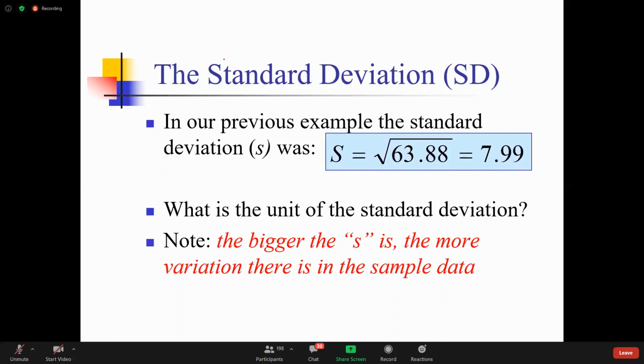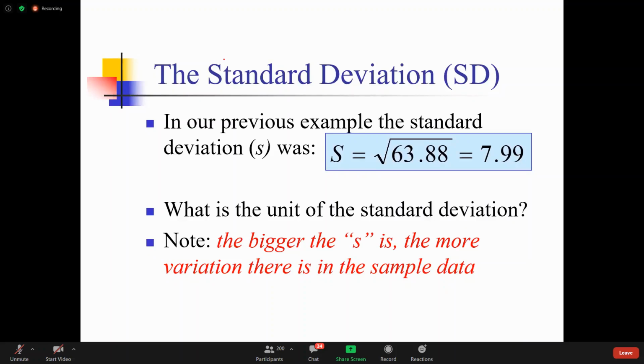If you take another data set and the standard deviation is 2, which data set is more variable, 7.99 or 2? 7.99. So the higher the standard deviation, the more variable the data is. You see how nice this measure is? It can give you a measure whereby you can compare data 1 to data 2.